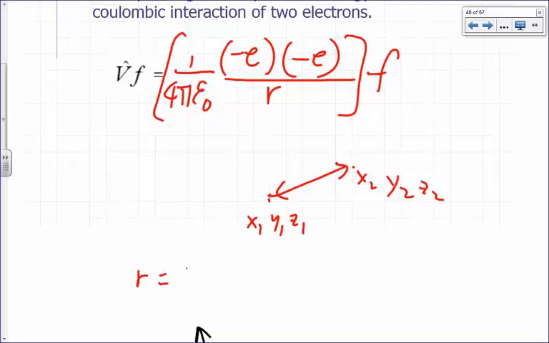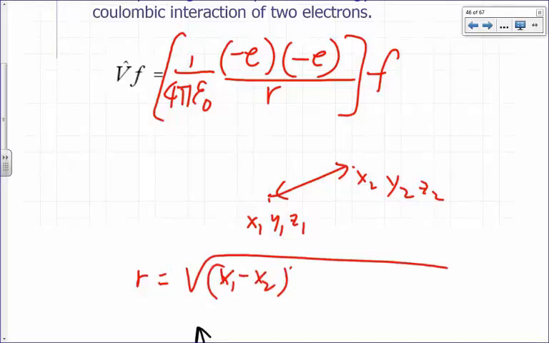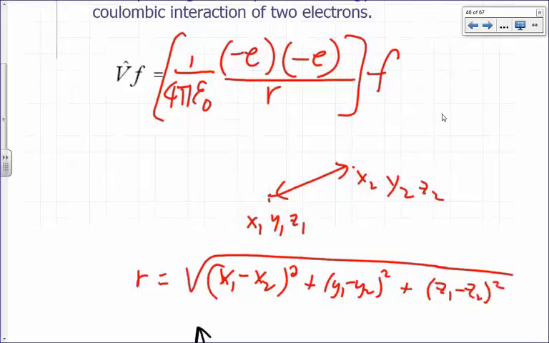Let's just extend your Pythagorean theorem to 3 dimensions. So x1 minus x2 squared plus y1 minus y2 squared, your distance formula, plus z1 minus z2 squared.